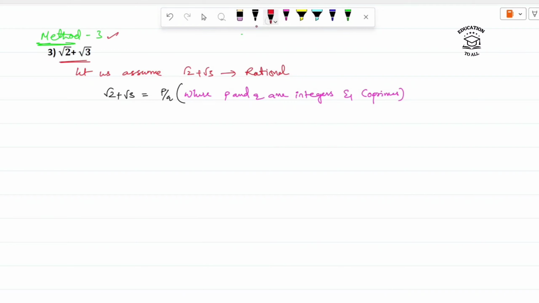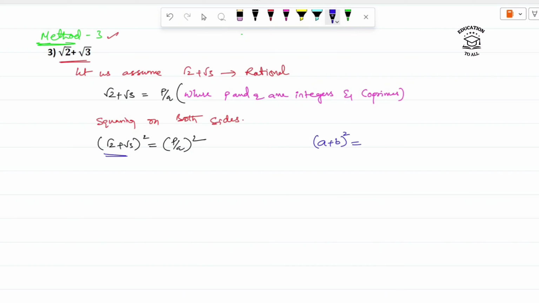So now what we do now, squaring on both sides. Then we take root 2 plus root 3 whole square is equal to p by q whole square. Expand it. I think you may know the a plus b whole square formula.